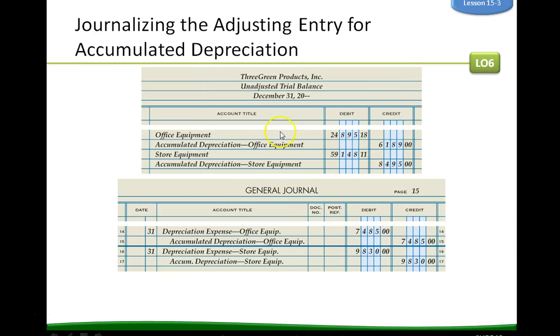But here is our trial balance. Office equipment shows what it originally is, the accumulated depreciation before we add the $7,000. Store equipment, and then accumulated depreciation. So we debit depreciation expense office equipment, credit accumulated depreciation, and the next one, which we actually didn't talk about, so that would be the store equipment.